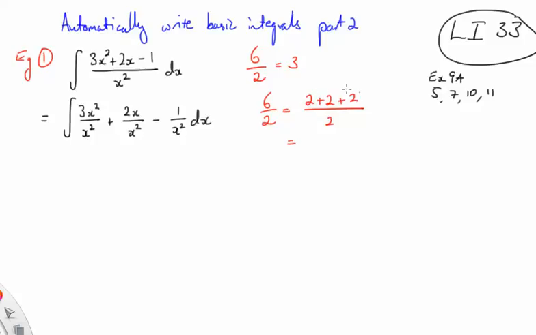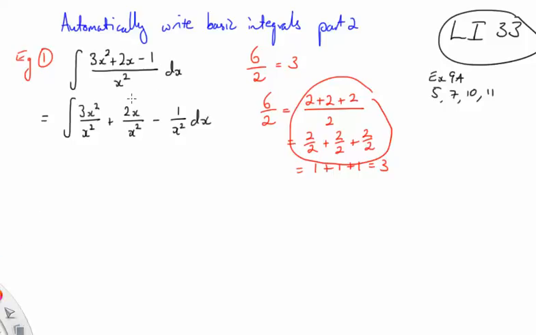You can divide each individual bit. So you can go 2 divided by 2 plus 2 divided by 2 plus 2 divided by 2, which equals 1 plus 1 plus 1, which equals 3. So you're allowed to do this. And I've just shown you an example of why. Hopefully that will help you remember that you can split up the denominator for each term.